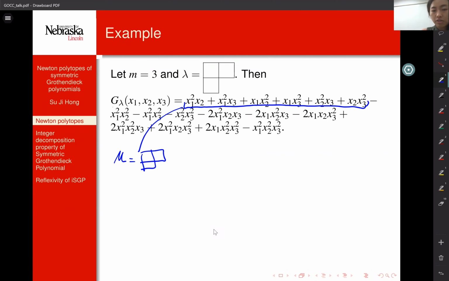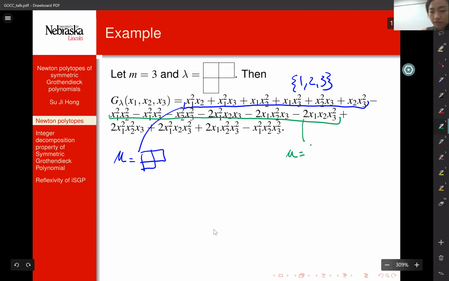These are all the possible fillings of this shape with the numbers 1, 2, and 3. And the next 6, well, in this case, mu is going to be either the shape or the shape.